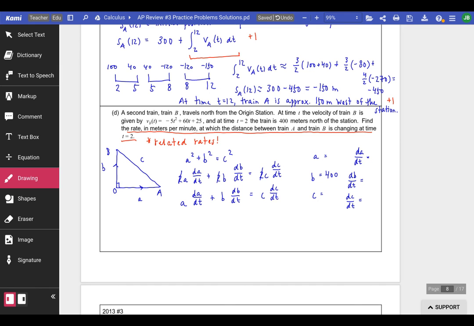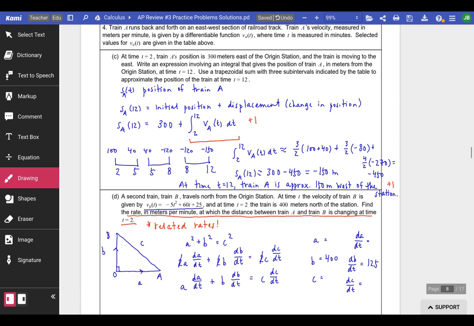Let's see. They're also telling us, they gave us the formula for velocity here. So that means I can plug in 2 for t to get that velocity. So I'm going to do that really quickly. And it looks like I get 125. Again, that came from plugging in 2 into the velocity function for train B. So I got 125.